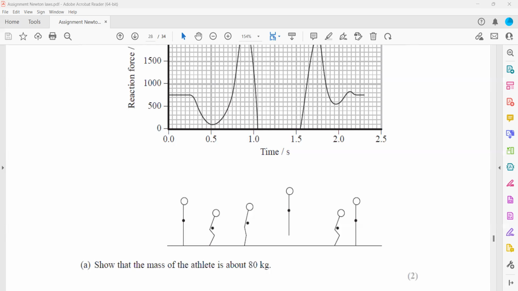As you can see, we already calculated initially the weight of the athlete, because this is a point where he is standing straight. So here, what happened? For example, this is 750 Newton, the weight, and the normal contact is 750. But as he bends his knees, his weight is not changing. Only the position of the center of gravity has changed.